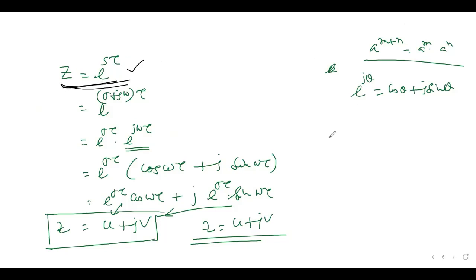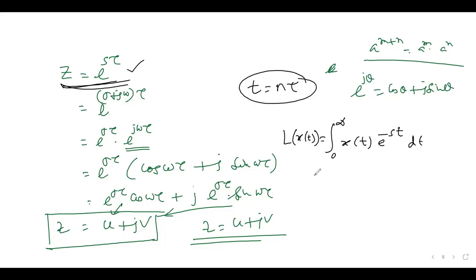Let me show it again briefly, look. What is the Laplace transform? Laplace transform of signal x(t). We know the formula is the integral from 0 to infinity of x(t) e to the power minus st dt. Now t we know is n tau. If you write, this will be x(n tau) e to the power minus s n tau, and the integration becomes the summation.